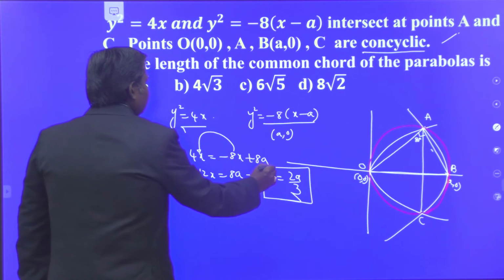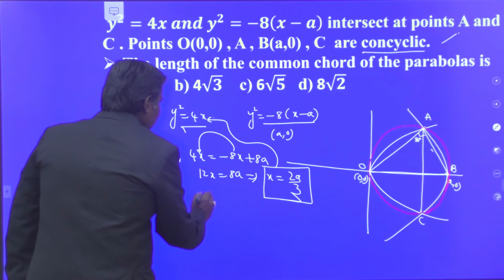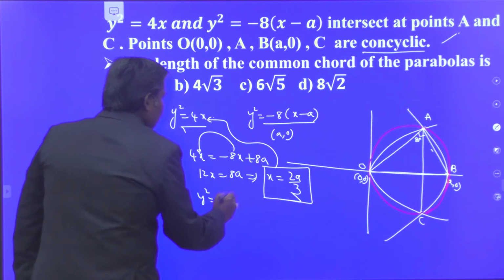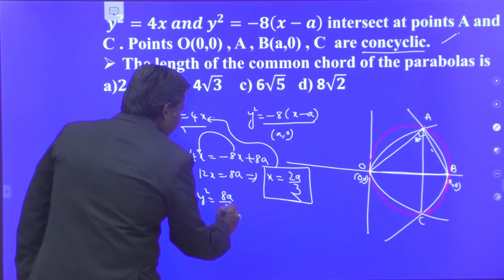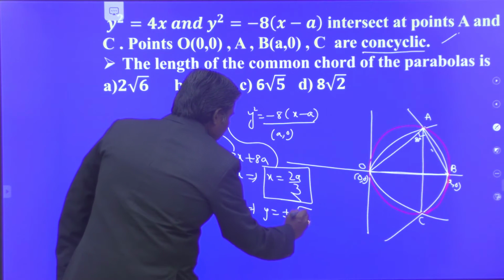Substitute x here. We get the value of y. y square is equal to what? 4 2's are 8a by 3. This implies y is equal to plus or minus root of 8a by 3.